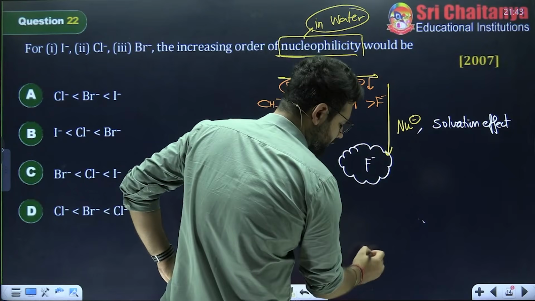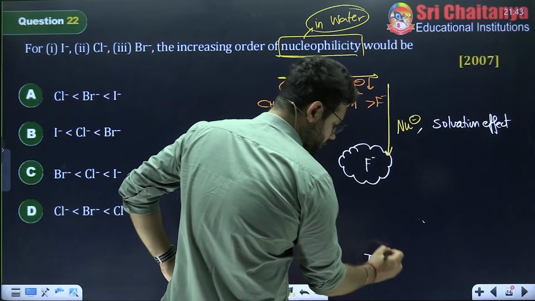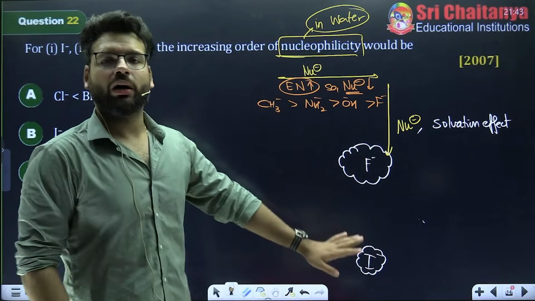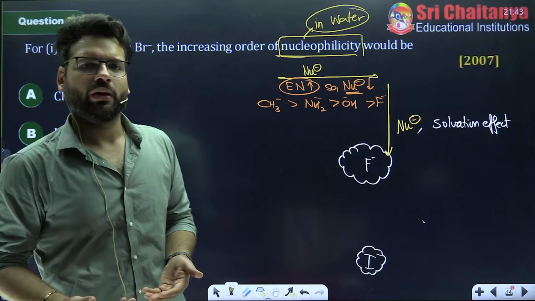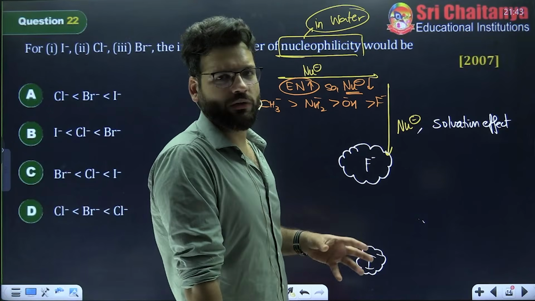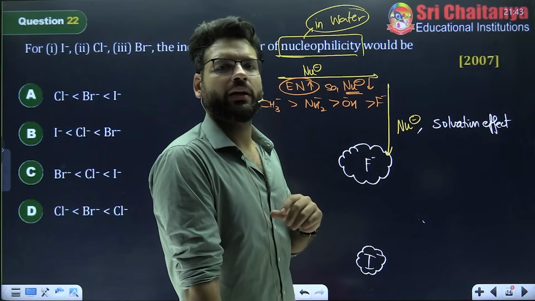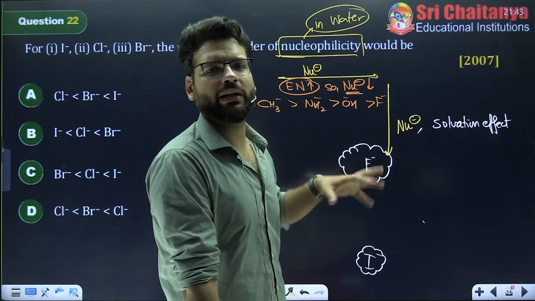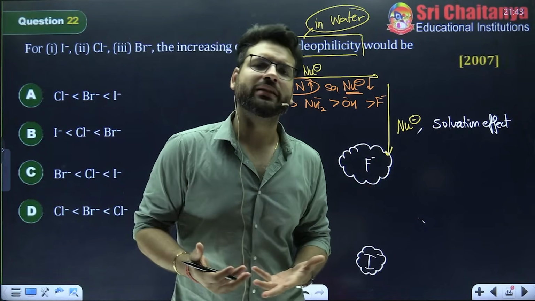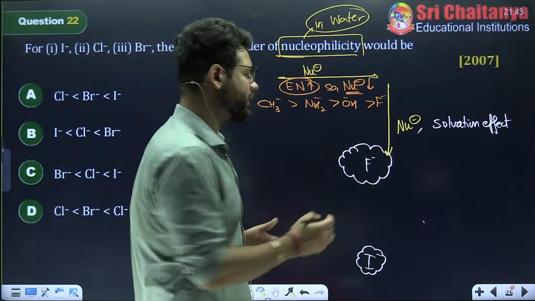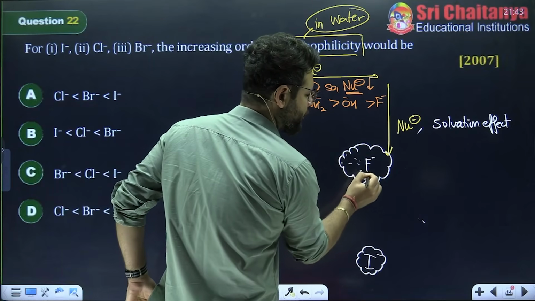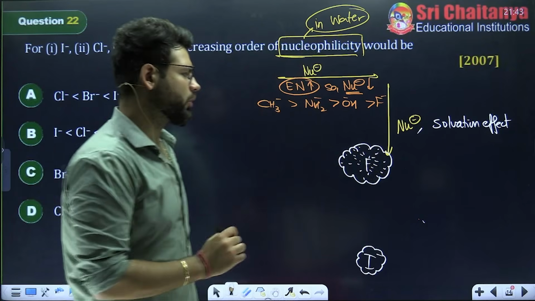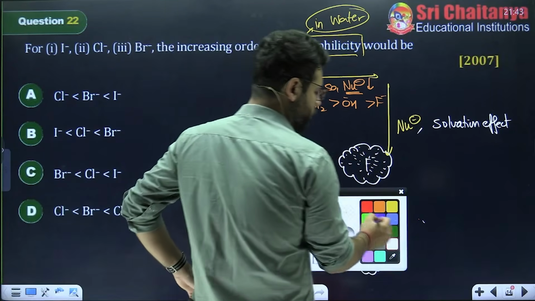Going down the group, when we go to I minus, it has very little hydration, so it's overall a more freely moving iodide. In polar protic solvents, when more hydration is there, nucleophilicity is poor, because when F minus moves, it feels a lot of resistance, as many water molecules are sticking to it by ion-dipole force of attraction. So top to bottom, nucleophilicity increases.